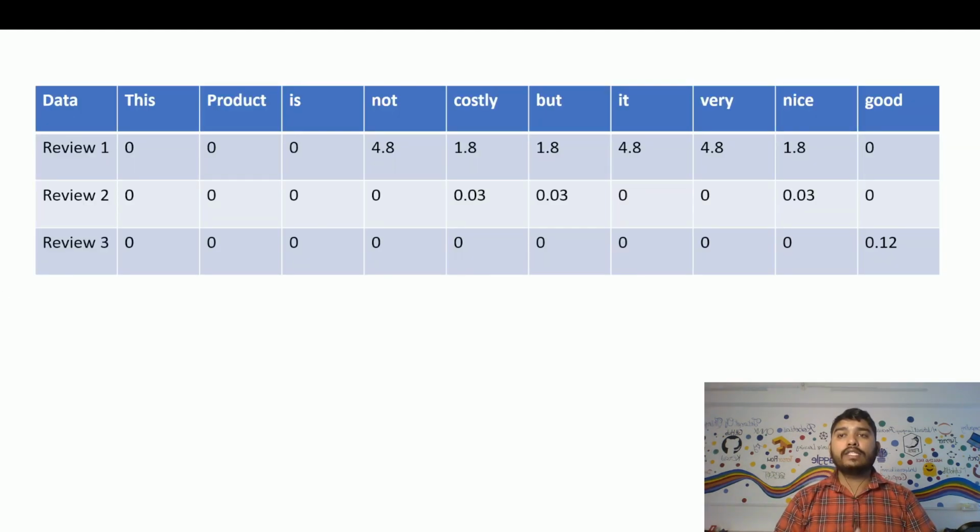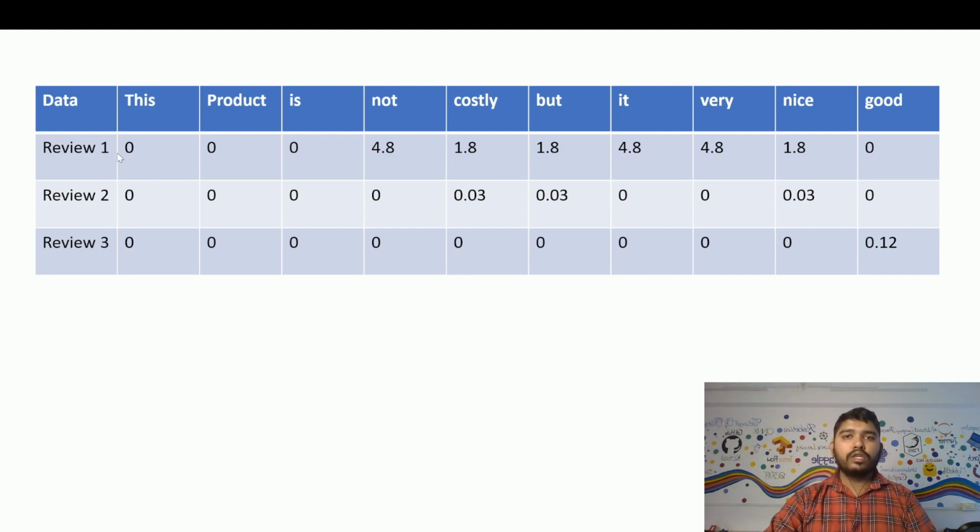Now here you can see the numeric representation of these three reviews: review 1, review 2 and review 3. For review 1, you can see the numeric vector 0, 0, 0, 4.8, 1.8, 1.8, 4.8, 4.8, 1.8 and 0. Likewise, you can see review 2 and review 3 here.